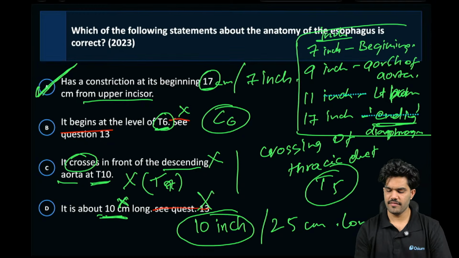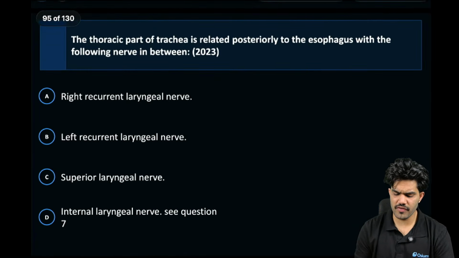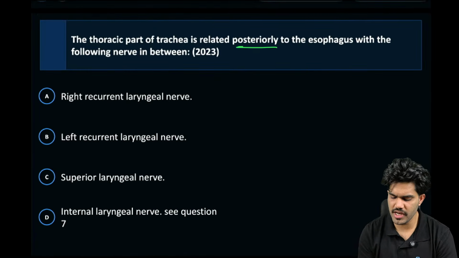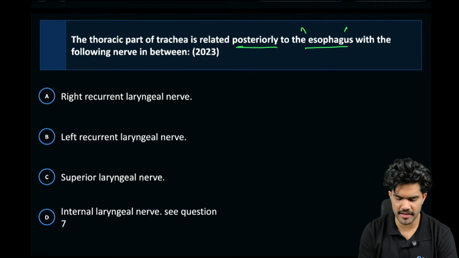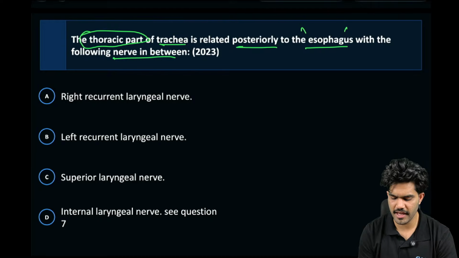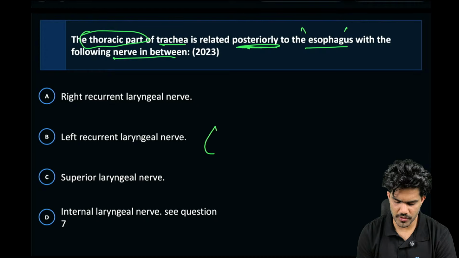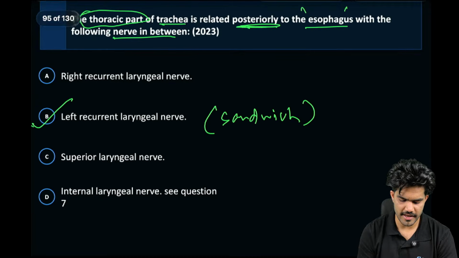Concept is clear, right? From this question can come. Now, the thoracic part of trachea is related posteriorly to esophagus with the nerve in between. See, thoracic part of trachea posteriorly. Which nerve, guys? I told you, sandwich. Yes, that is left recurrent.